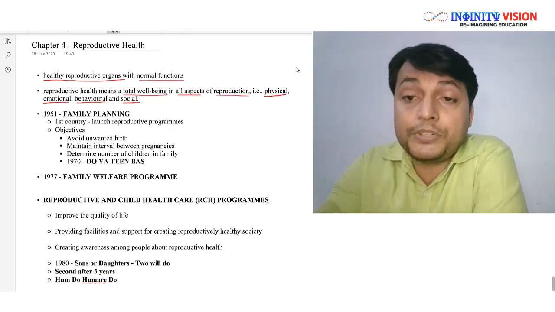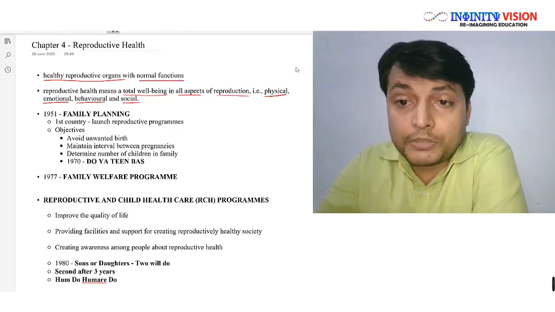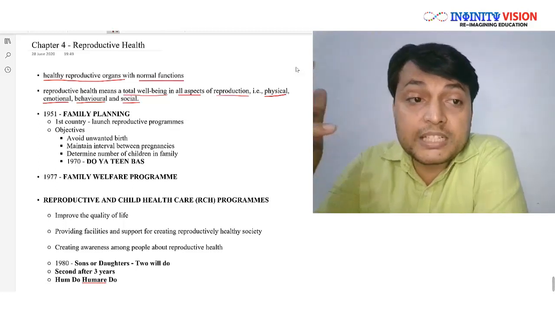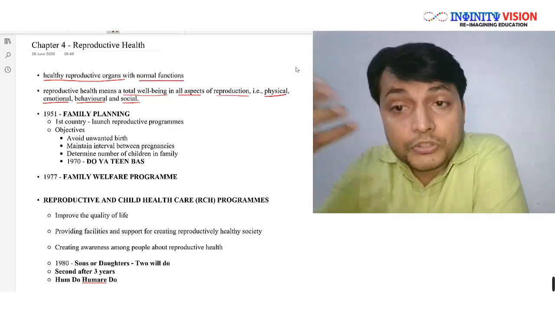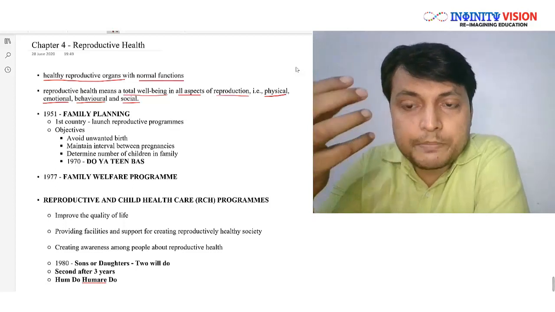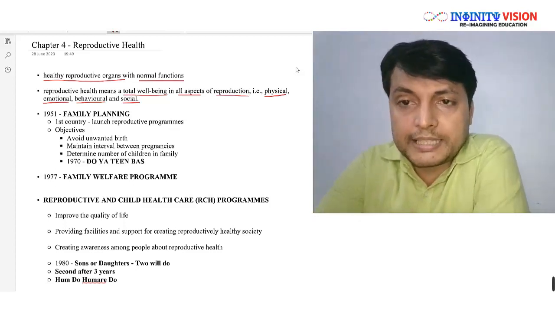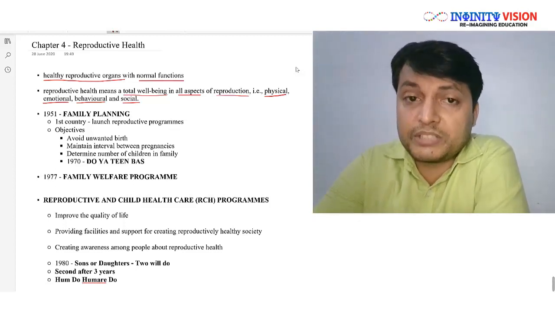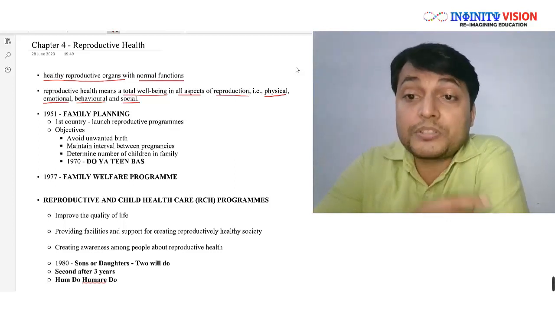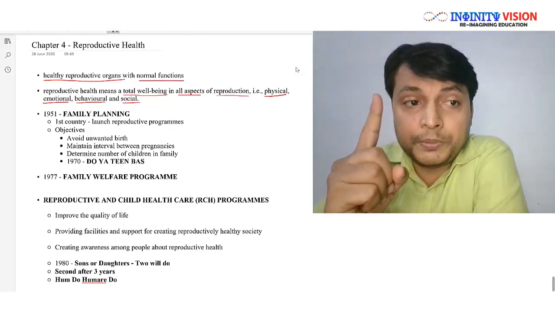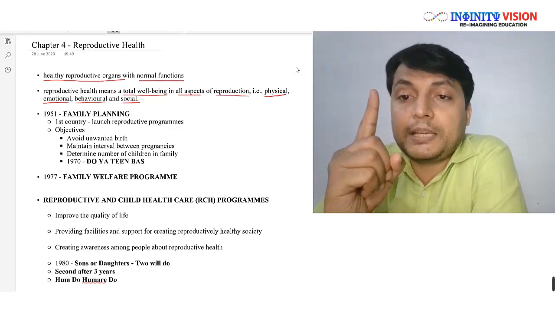Now it was a very forward program because India was the first country to launch such a reproductive program, despite being a third world country at that time, which was underdeveloped, not even developing. It was the first country on this globe to launch the family planning programs.